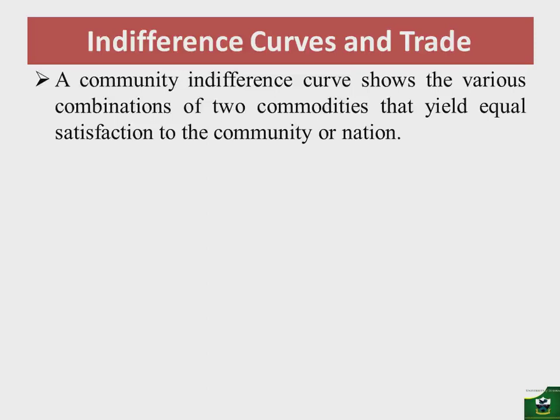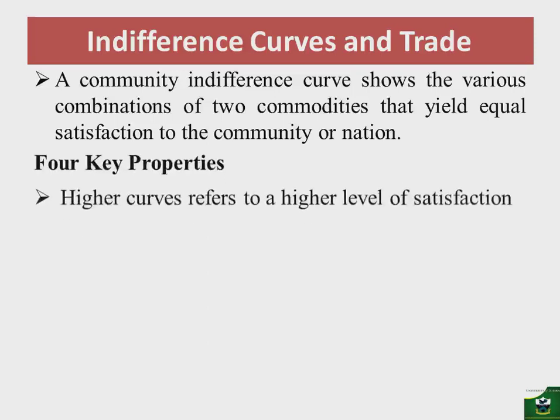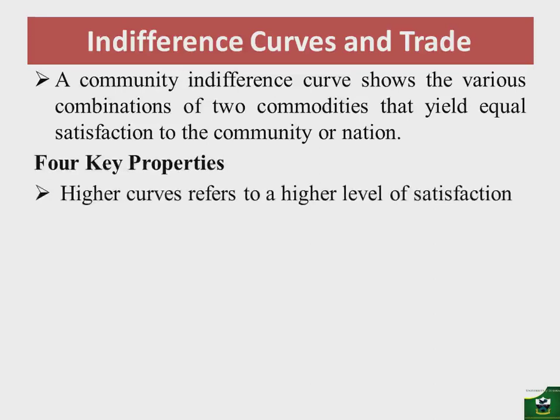However, it should be noted that the properties of the community indifference curve are the same as those of the standard individual consumer's indifference curve. So we see the properties: number one, higher curves refer to a higher level of satisfaction, meaning if you are on a lower indifference curve, your satisfaction level is low, and if you're on a higher indifference curve, your satisfaction level as a nation is higher.